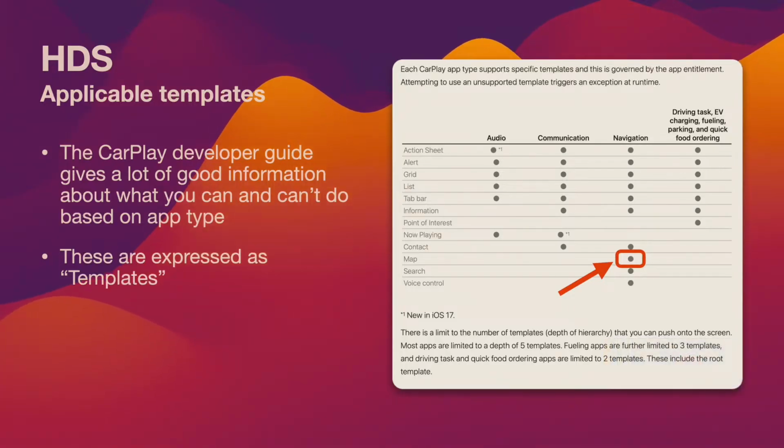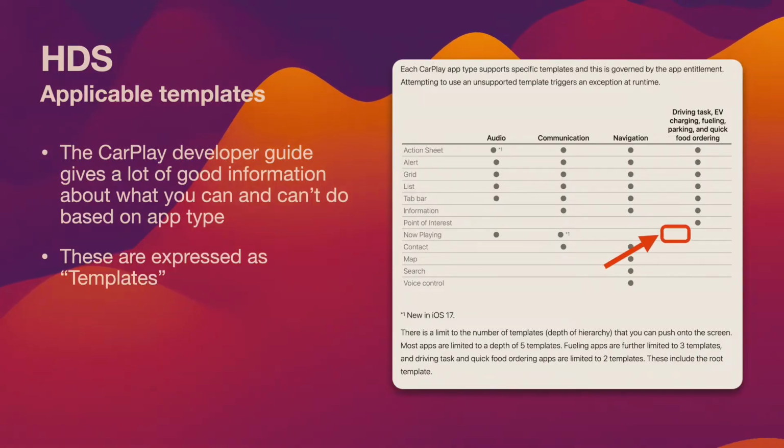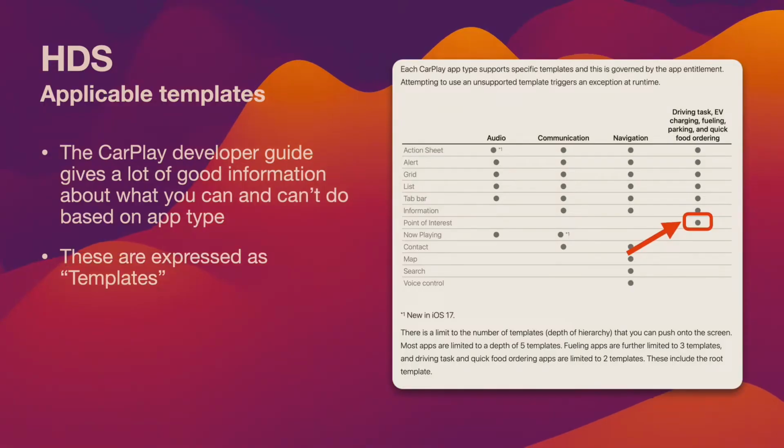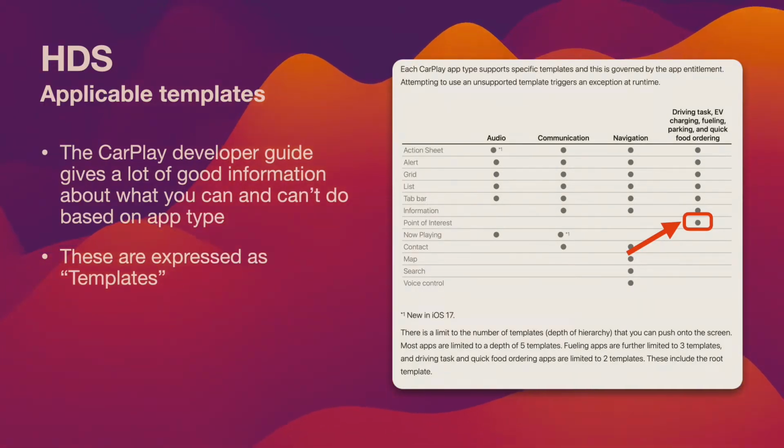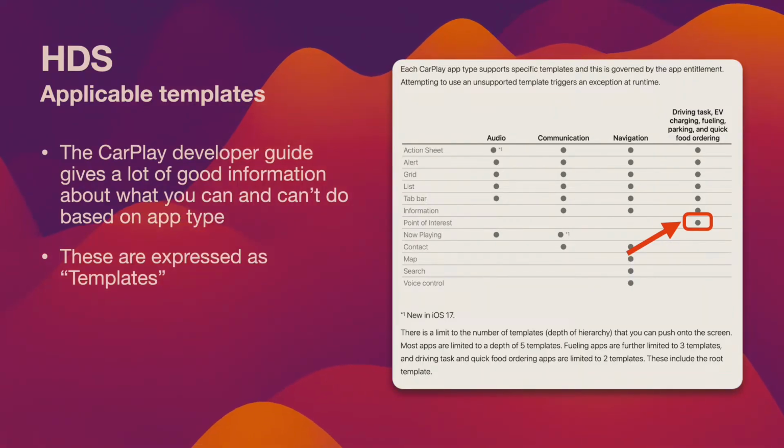No other type of app can use the map template. And conversely, if you want to use your point of interest template, a map or a navigation app can't use that template. So you've kind of got to look at this and figure out what templates do I need to use, and therefore what kind of app am I actually building.